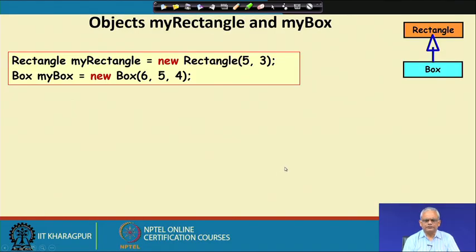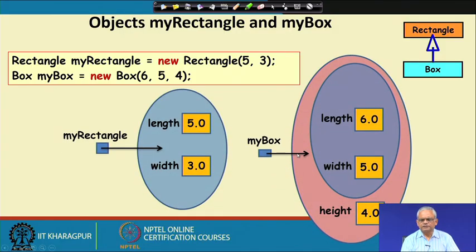Let us say we want to create objects myRectangle and myBox. We have the classes rectangle and box. Now, we want to create objects myRectangle and myBox.